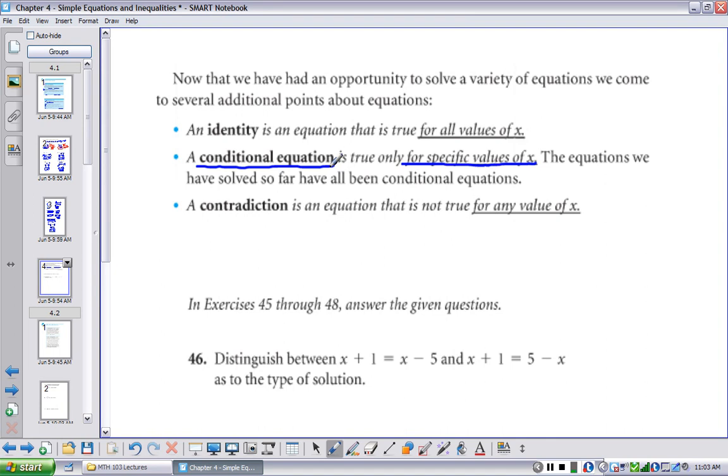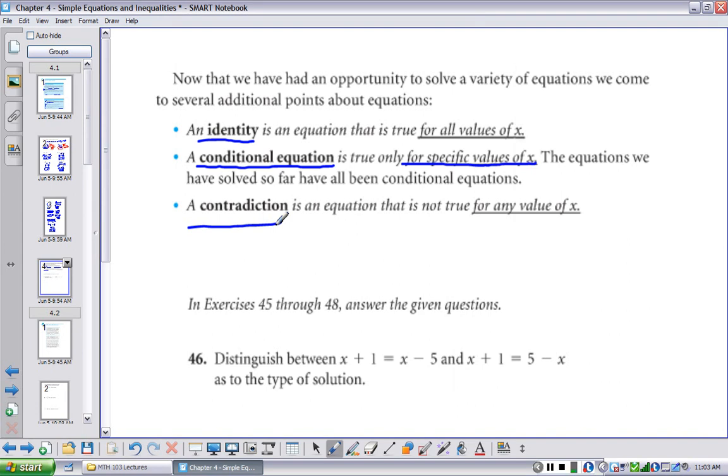They are true for only those particular values of x that we found. Now we have two other types of equations. One is called an identity. An identity is true for any value of x that you put into that equation. A contradiction is an equation that is not true for any value of x.